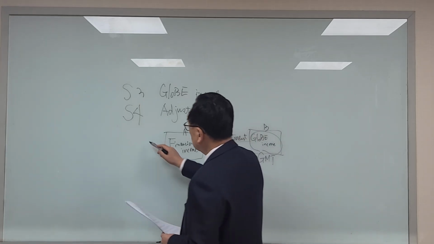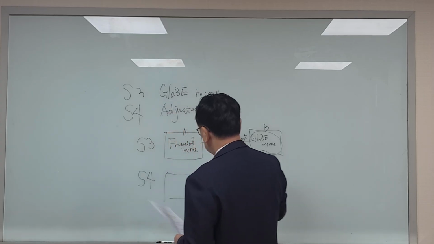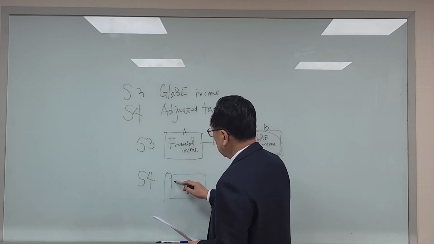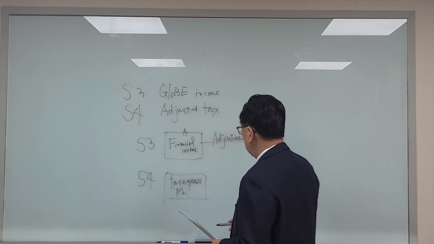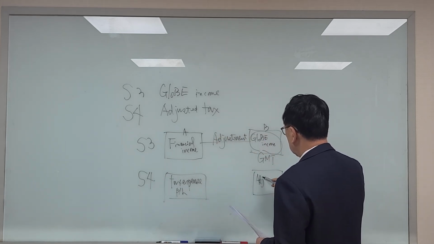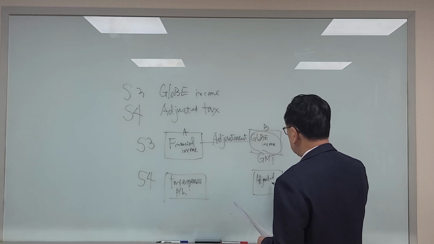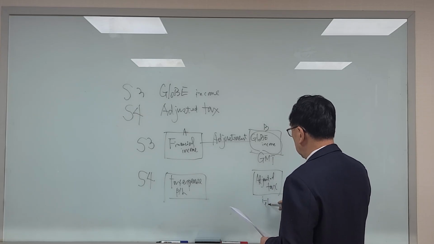And step 4 is the same situation as step 3. This is the tax expense in the P&L, and this is the adjusted tax for computation of GMT.